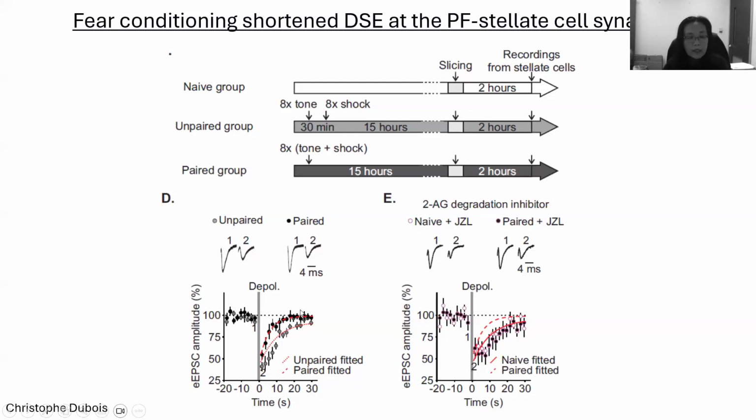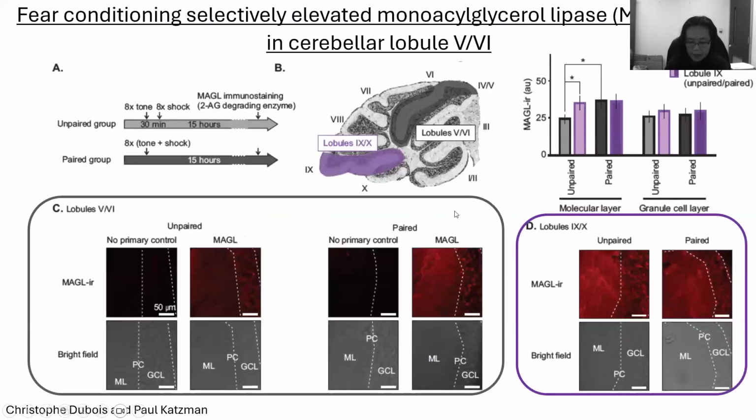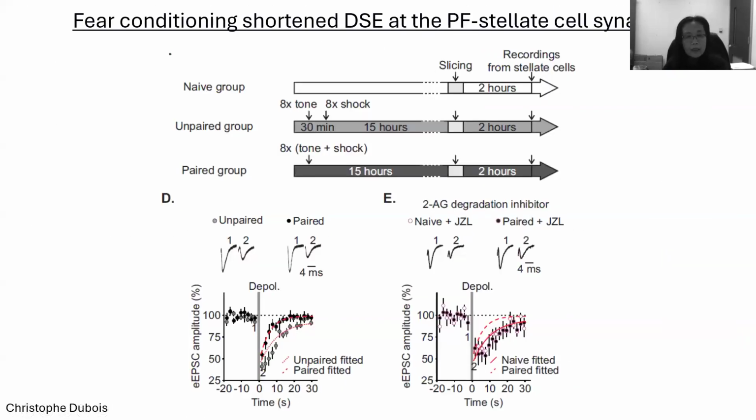To show that this difference is really due to the degradation of endocannabinoid, he included JZL in the solution. JZL is a MAG lipase inhibitor. By putting the JZL in, you knock out all the MAG lipase activity.